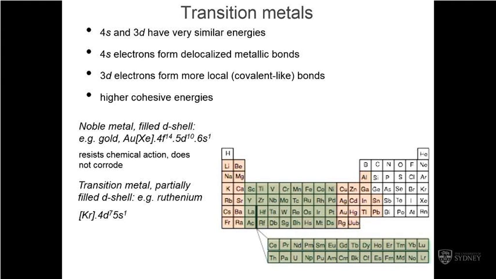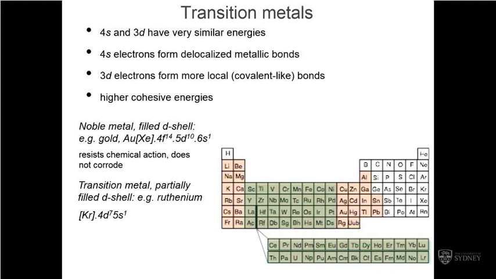So, as I mentioned before, the transition metals are characterized by having strong binding energy or cohesive energy. And as I mentioned before, we also have gold, the noble metal here. You can see that gold has its 5d electrons all filled up.